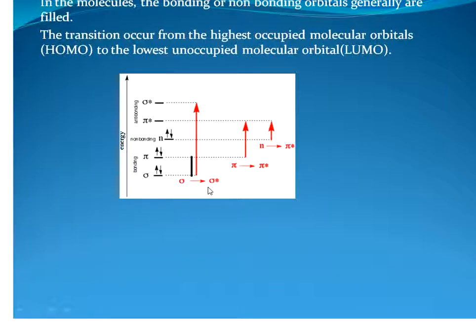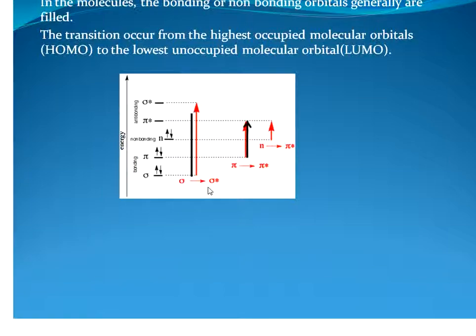This kind of transition is present in single bonds. We can take an example of methane. In methane we have a sigma to sigma star transition, and actually in methane we can have absorption of light around 125 nanometers.